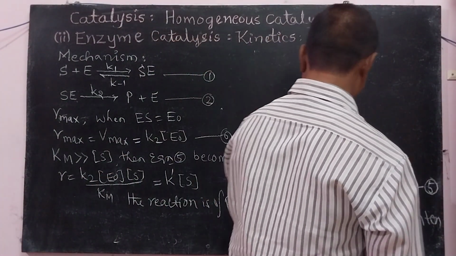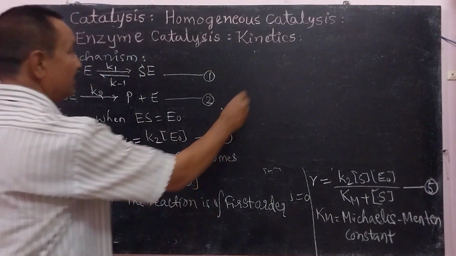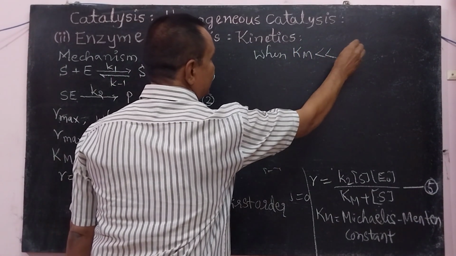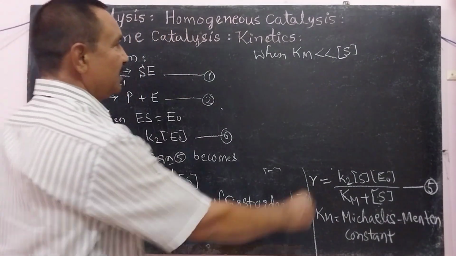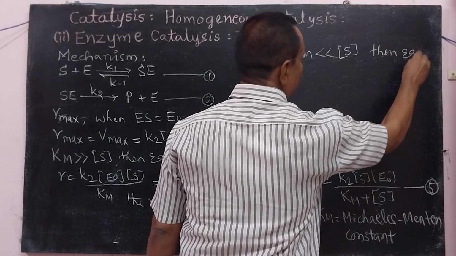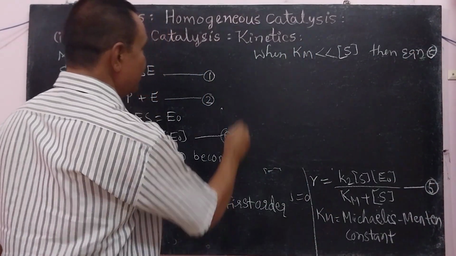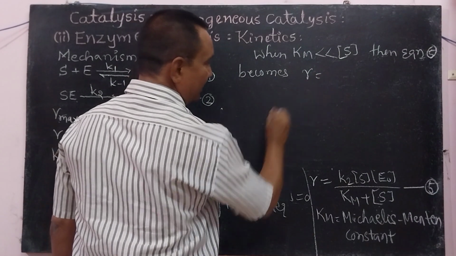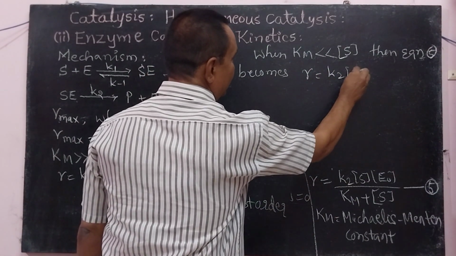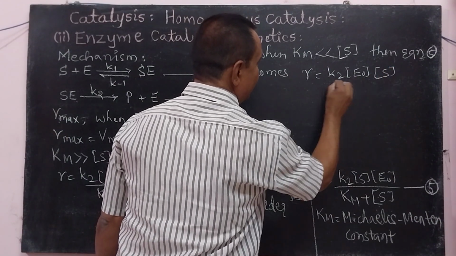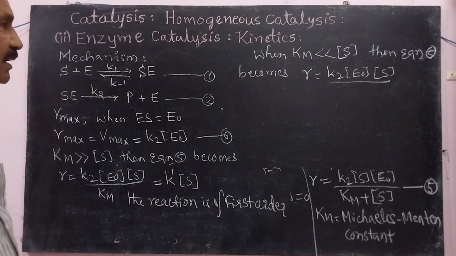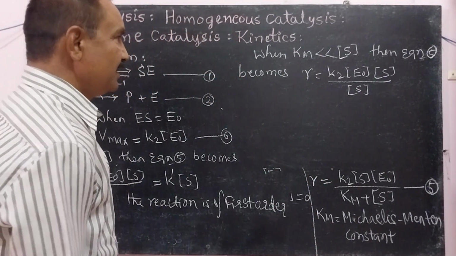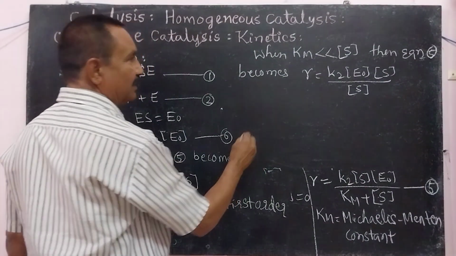When Km is very much smaller than S, then equation 5 becomes rate equal to K2 into E naught into concentration of S divided by, and Km is very small, you can neglect this, only keep this S. Then this S gets cancelled.